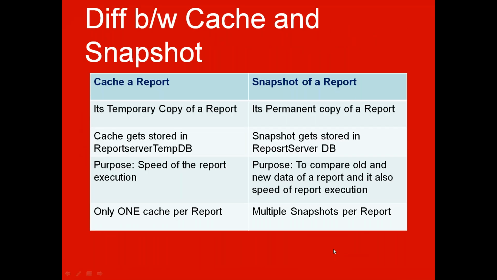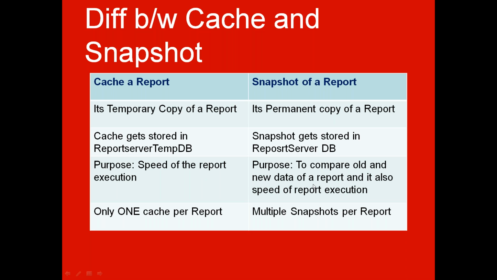The difference between cache and snapshot: cache is a temporary copy of the report, snapshot is a permanent copy of the report. Cache gets stored in the report server TempDB, snapshot gets stored in the report server DB. Cache speeds up the report execution, while snapshot is used to compare old and new data of a report.